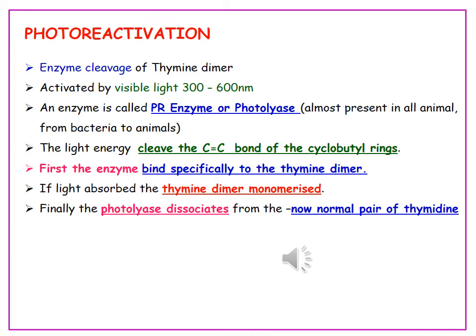The light energy is used to cleave the C=C bonds of the cyclobutyl ring. The enzyme first binds specifically to the thymine dimer. If light is absorbed, the thymine dimer is monomerized. Finally, the photolyase dissociates from the thymine dimer. Now the normal pair of thymines is formed.